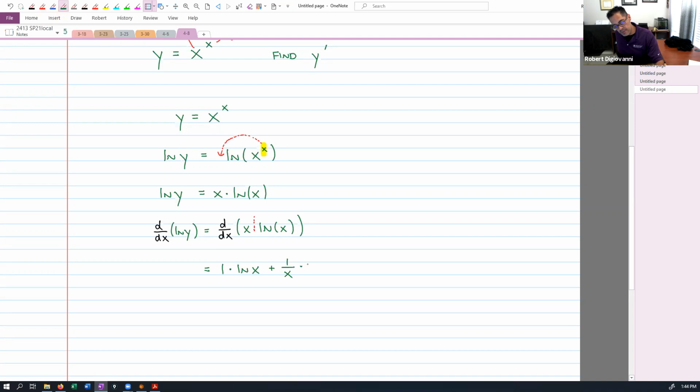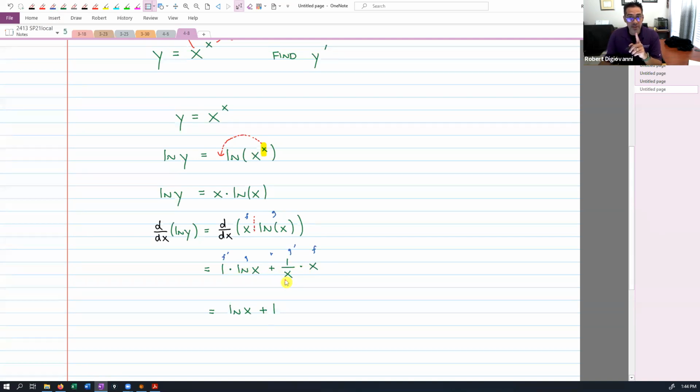And then times x. So we did f prime g plus g prime f. That's what we just did. And I'll go one line further and clean it up. This is just natural log of x plus 1, because the x cancels, you just get a 1.